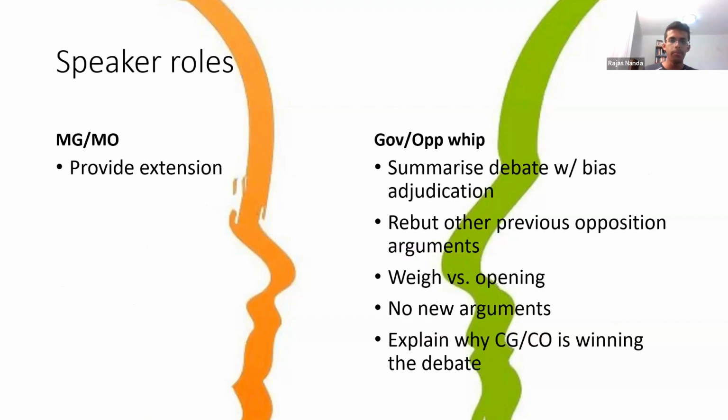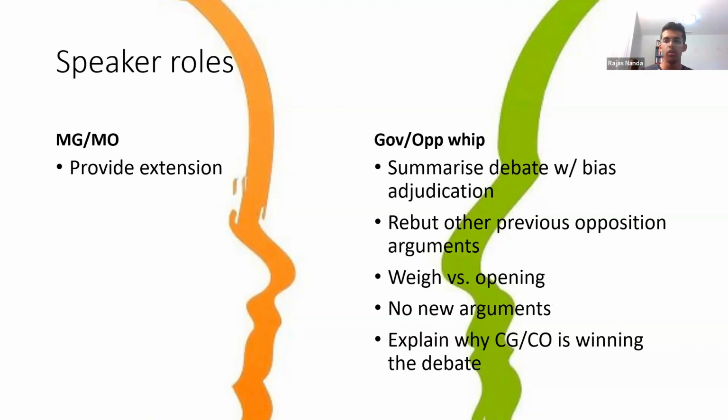Okay. Then finally, on the left, that's speakers 5 and 6. They do something called providing an extension. I'll go into that in the next. They're the last two speakers of the entire debate. 6 or 7 people have gone before them.